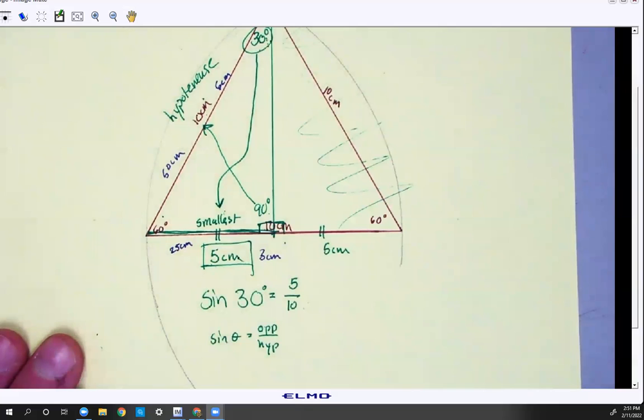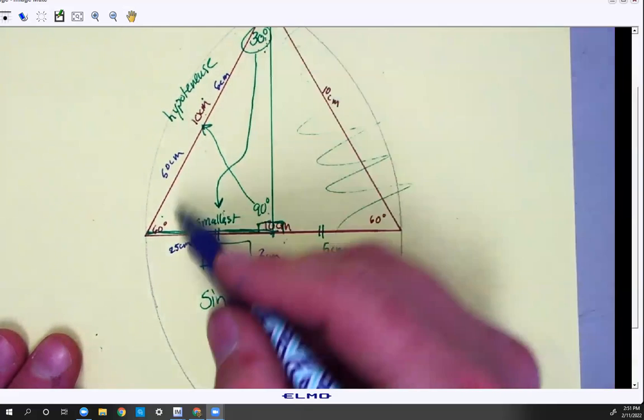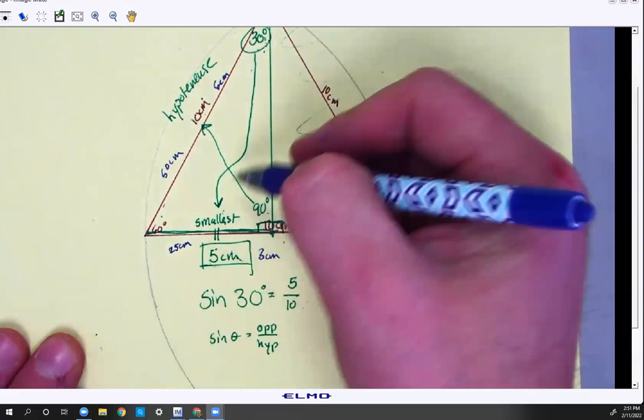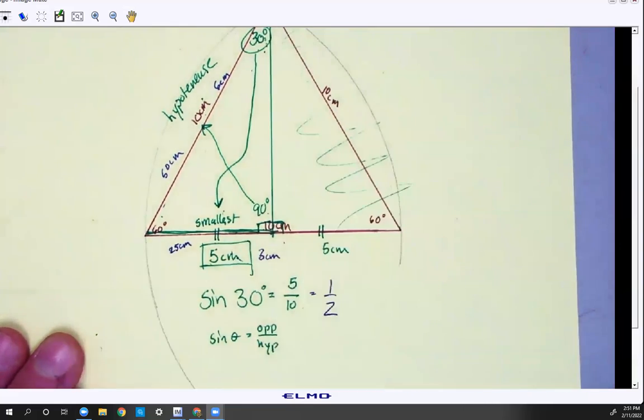So I'm just asking for that relationship between the side opposite 30 degrees and the hypotenuse. How is the side opposite related to the hypotenuse? It's half the hypotenuse.